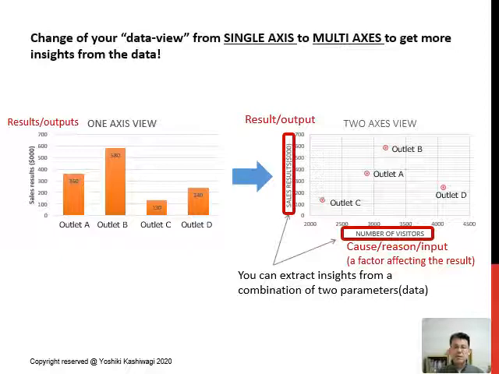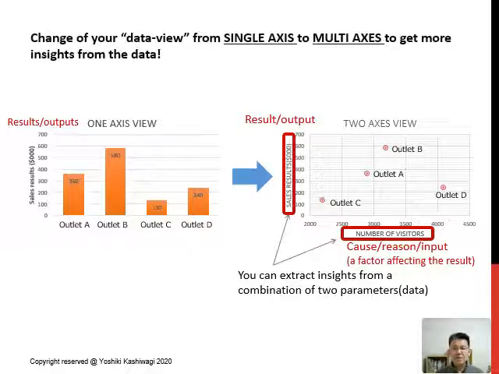So, in this case, you put the result or output or outcome in the vertical axis, and then you put the cause, reason, or input parameters in the horizontal axis, and then you will find the relationship visually on the scatter diagram.